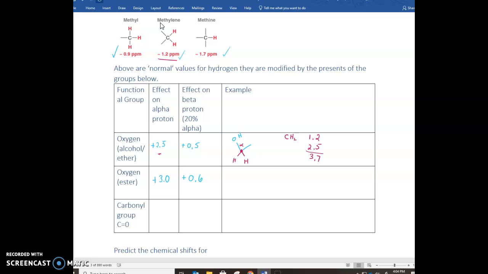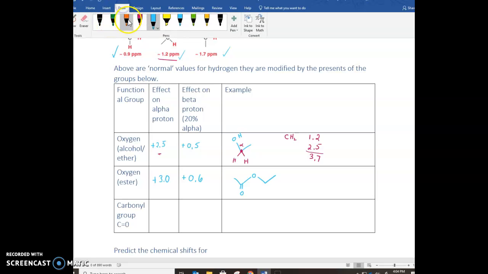So let's look at this example. We've got an ester. Remember what an ester looks like. That's an ester. And we have our two hydrogens of interest. These are the two we're looking at.